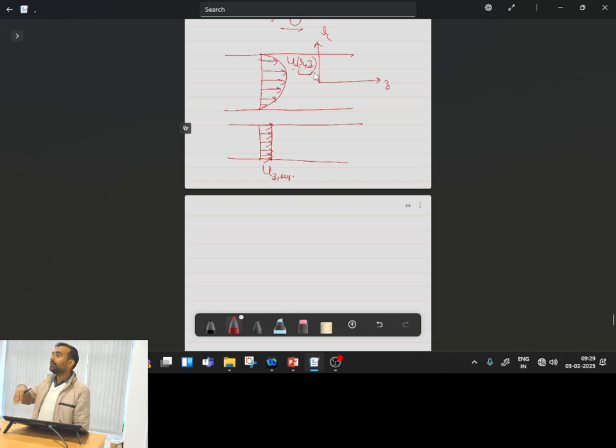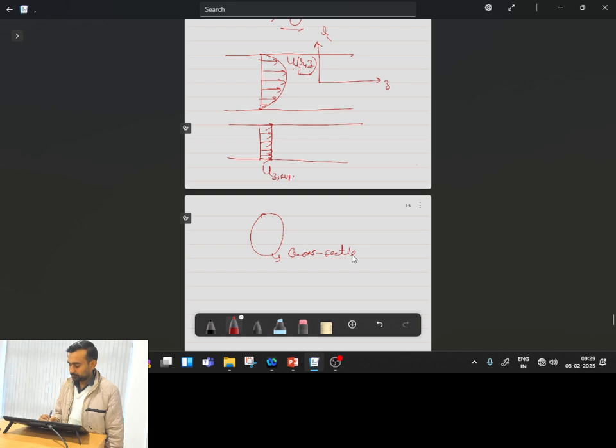So initially, if I have to start the solution for any unknown situation, I can start with one assumption: that the parameters which I am considering are nothing but cross-sectional averaged quantities. Is this point clear? Cross-sectional averaged or area averaged quantities. All are clear with this point?